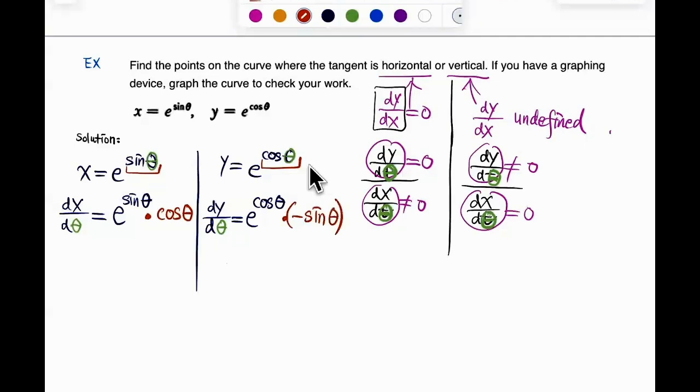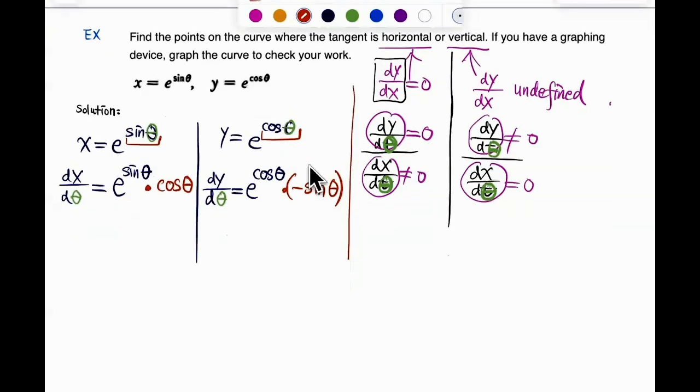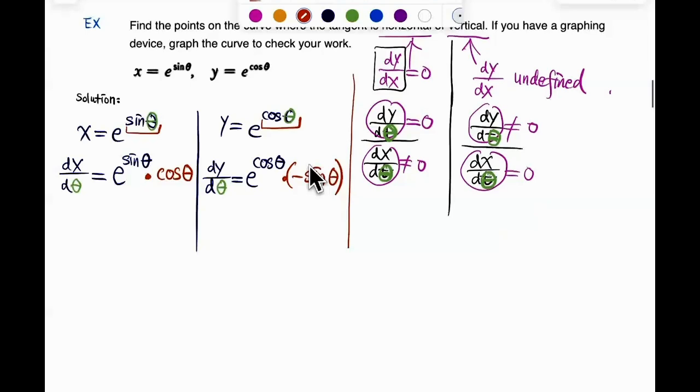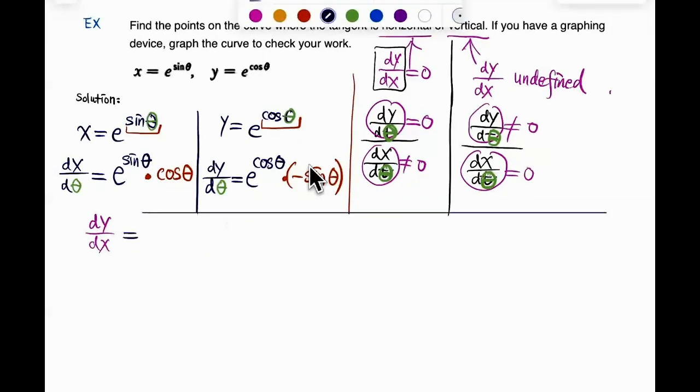Once you find this, now we can write down dy dx. So dy dx is equal to dy d theta over dx d theta.